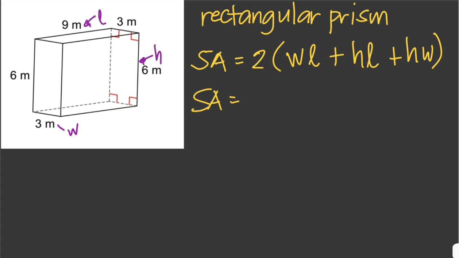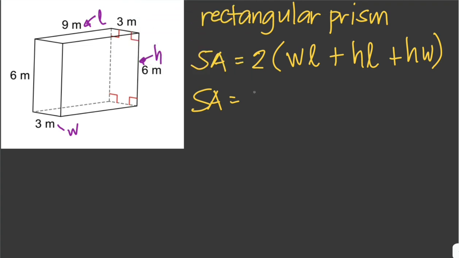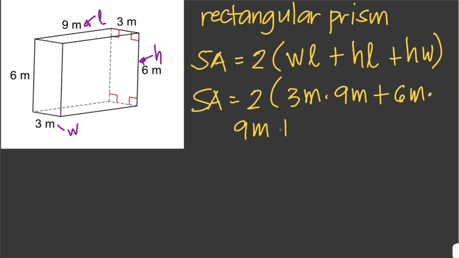All right, and now we can plug in all the values. So it'll be 2 times the width, which is 3 meters, times the length, which is 9 meters, plus 6 meters times the length, which is 9 meters, plus 6 meters times 3 meters.